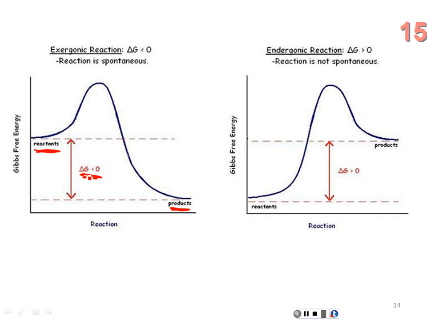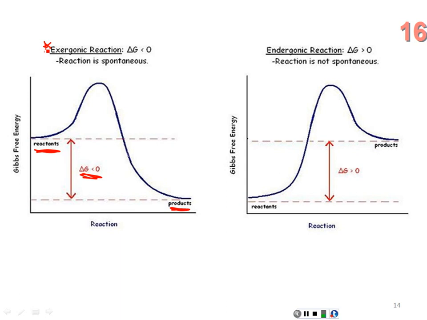And much like in enthalpy, a process that has a negative delta H would be called exothermic because it gives off heat. When we're talking about free energy, a process that has negative free energy is called exergonic, and that means it gives off energy. So the reaction is spontaneous.